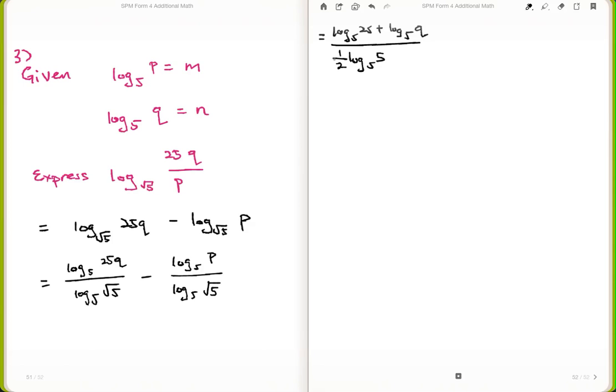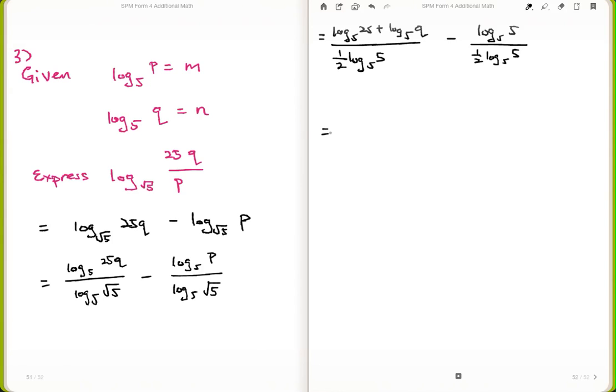I hope you know why it's half: when it's a square root it is a half, so you bring it to the front and it becomes half. Subtract log 5 p over half log 5 5. You find that the denominator is the same. Log 5 5 is 1, so you expect the denominator is half.